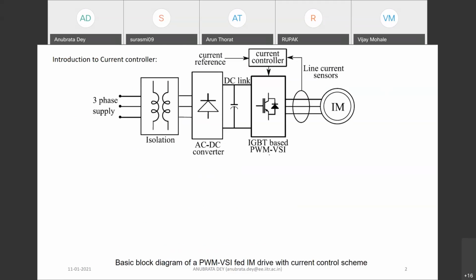You need isolation for several reasons: protection, electrical isolation, and common mode noise elimination. That's why the transformer comes just after the three-phase supply, and then you need rectification to get a DC link, which is fed through that DC link.